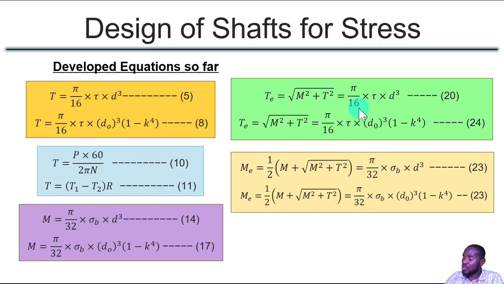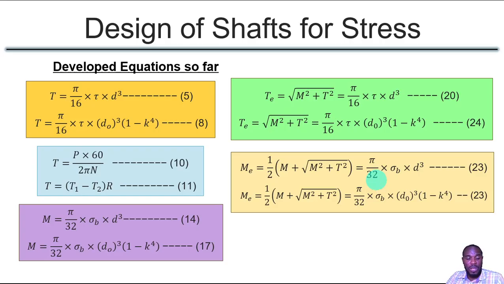We apply the maximum shear stress theory, and then we also apply the maximum normal stress theory, and then we check which of them gives us the larger value, and we take the larger value as the safer value. So when we applied these theories in the last example, we had values there and here, and then we compared and selected the values that were bigger.